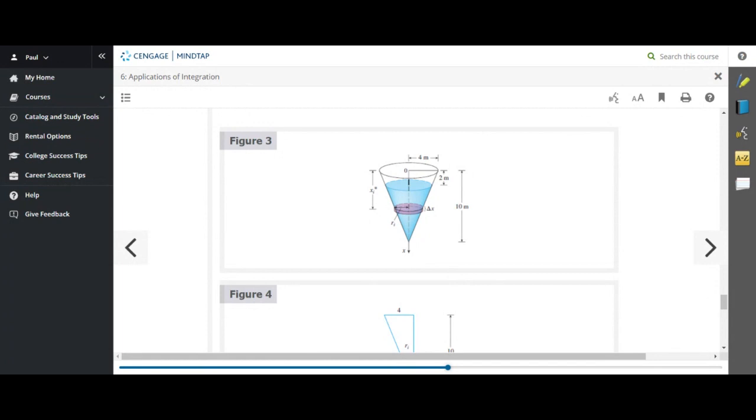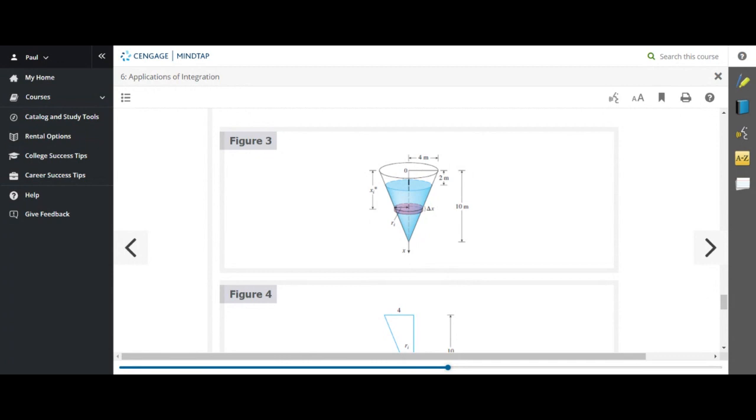Two meters. That's right. Good, Clay. And the bottom layer of water, at the very bottom, how far do we have to move that layer of water to pump it out of the tank? That's right. Good. 10 meters. And all the other layers are somewhere in between 2 and 10 meters.